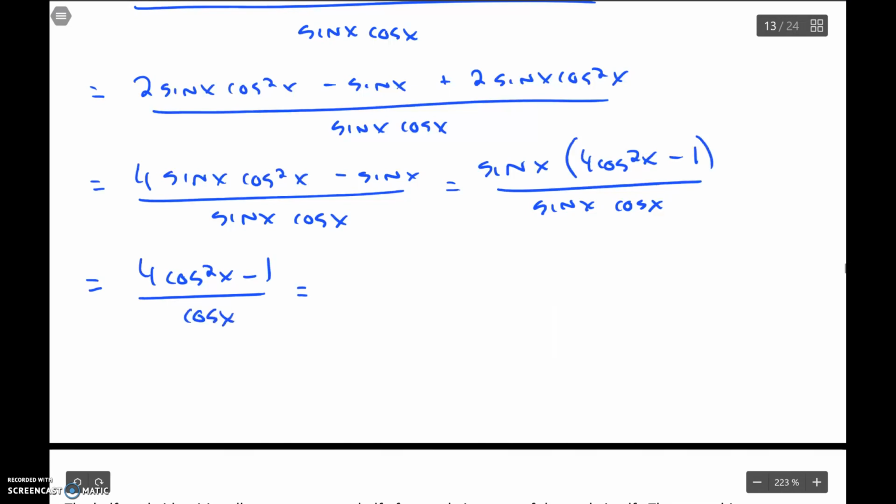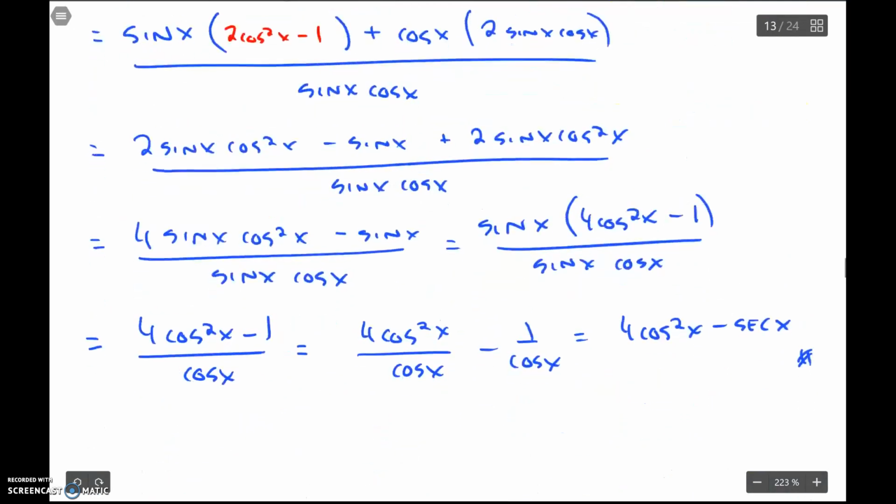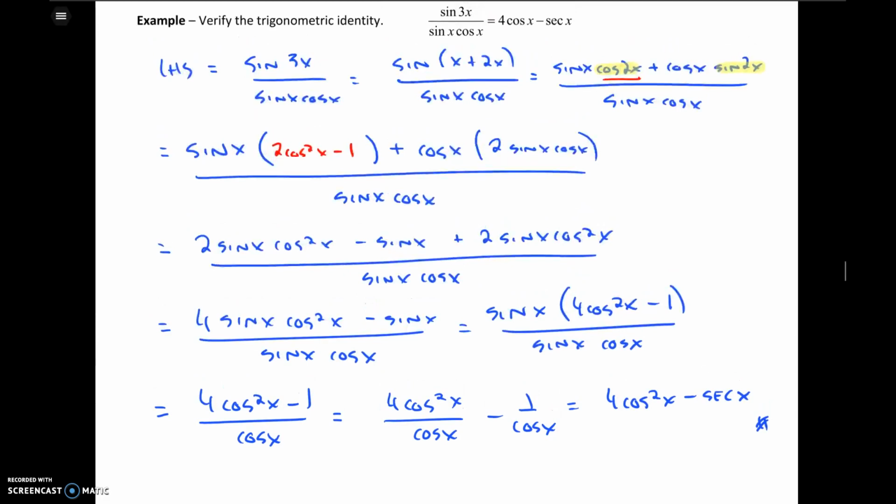I'm going to separate that into 2 fractions, 4 cosine squared x over cosine x minus 1 over cosine x, which is 4 cosine x minus secant x. I think I got it. So yeah, it was a longer proof.